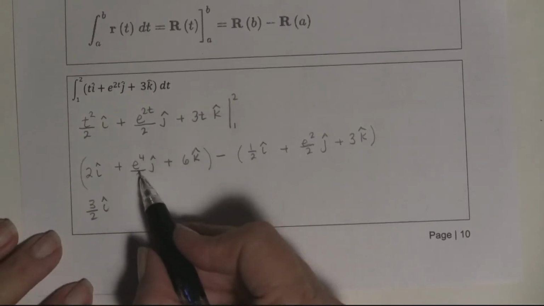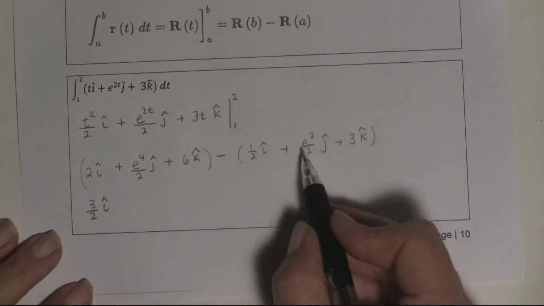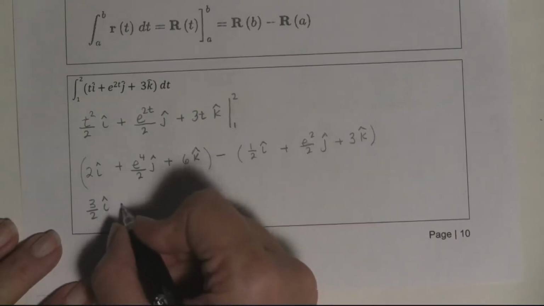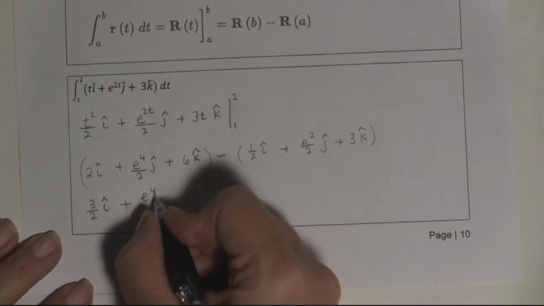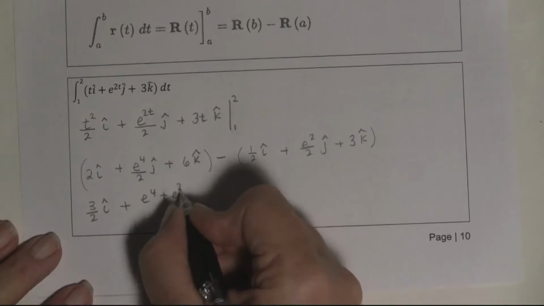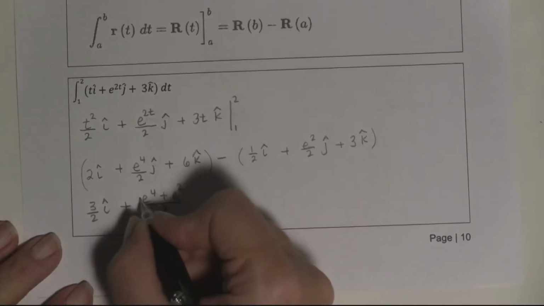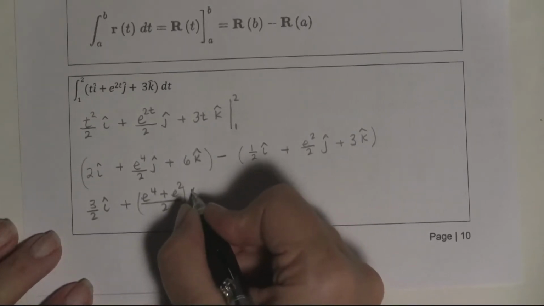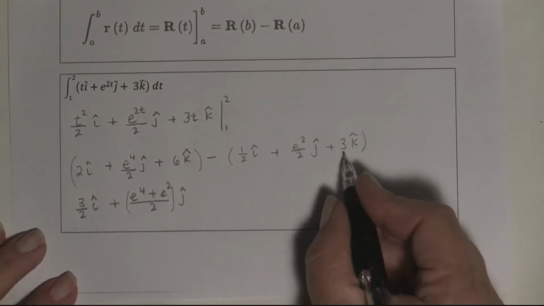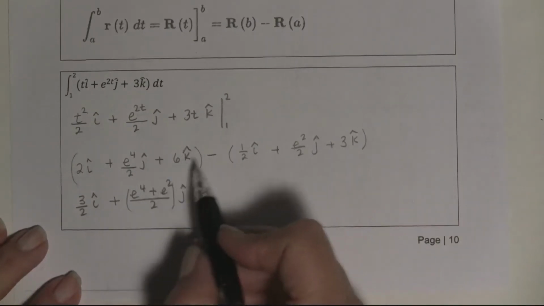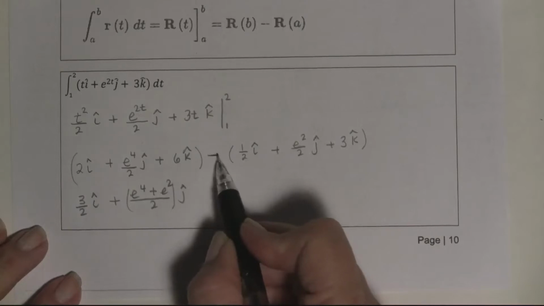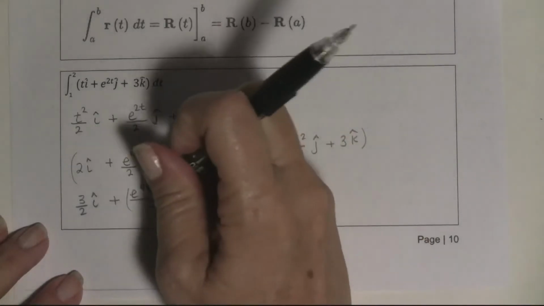Then we get e to the 4 over 2 plus e to the second. I can't really add those together. e to the 4 plus e to the second over 2, and that's my j. Then, oh, did I mess up my sign right here? I should have had minus right here.